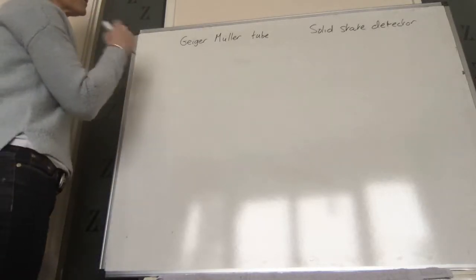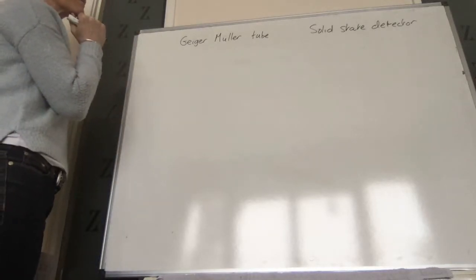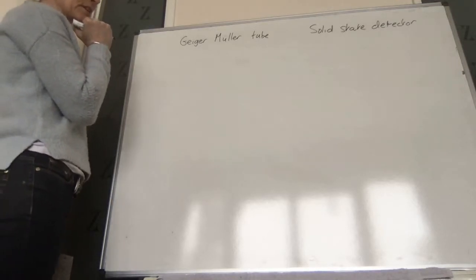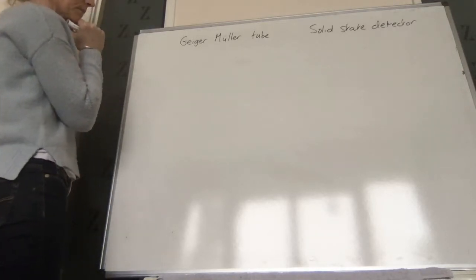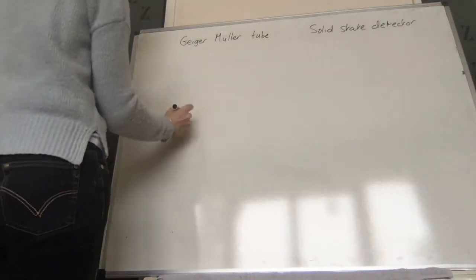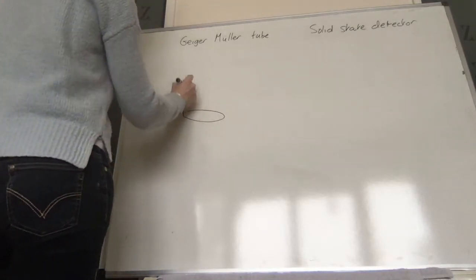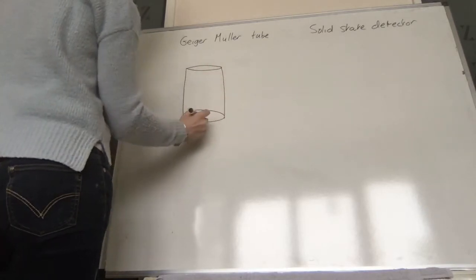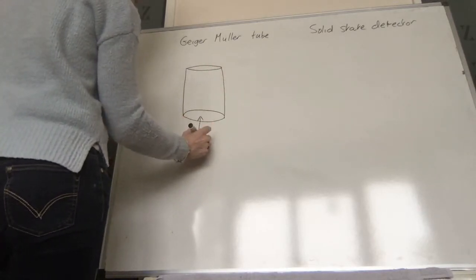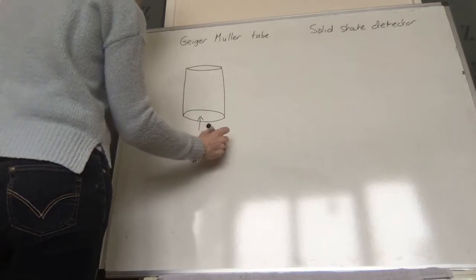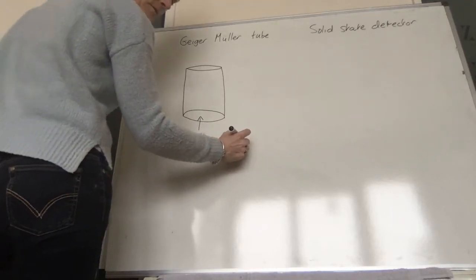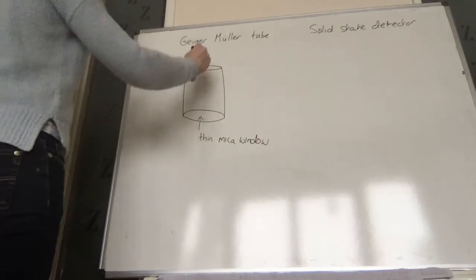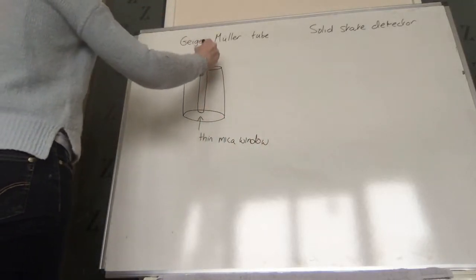So the Geiger-Müller basically monitors the amount of ionizing that occurs as a result of the radiation. How does it do that? Well, first of all, it's like a tube, and in here we have a thin mica window. Now, inside that we have an anode.